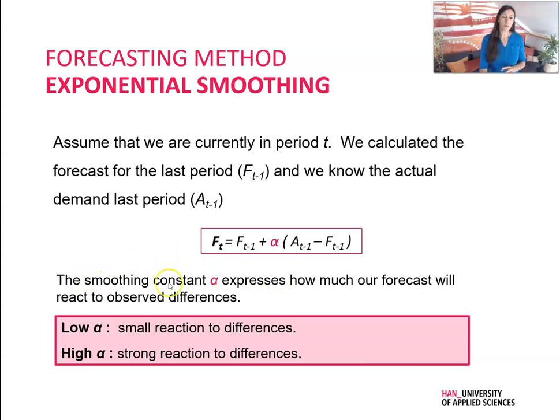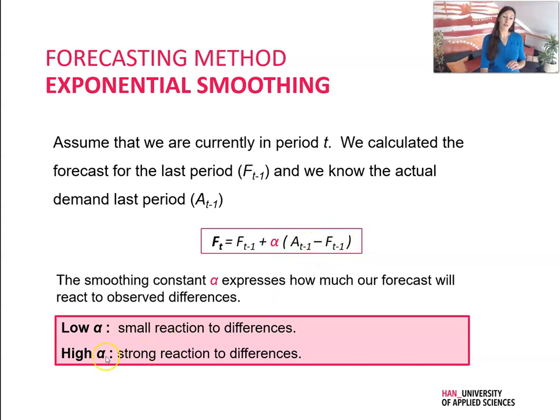Therefore, we can say that the smoothing constant alpha expresses how much our forecast will react to the observed differences, the differences being what we forecasted versus what actually happened in the previous period. Because alpha is a percentage, 0 to 100, a low alpha, a number close to 0, will have a small reaction to these differences, so you'll take almost 0% of this difference.